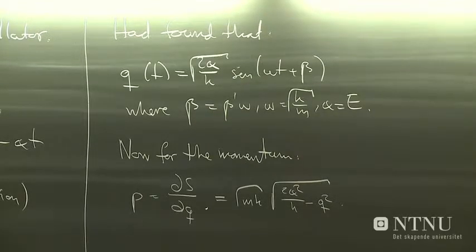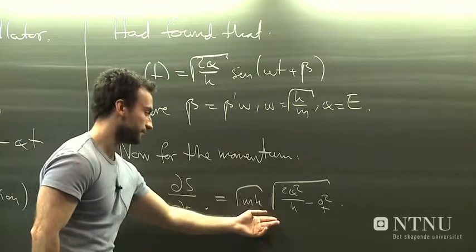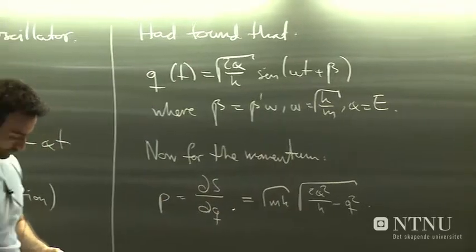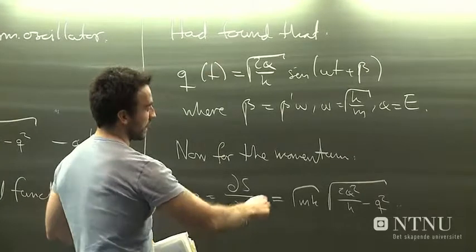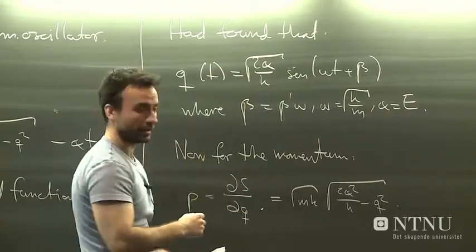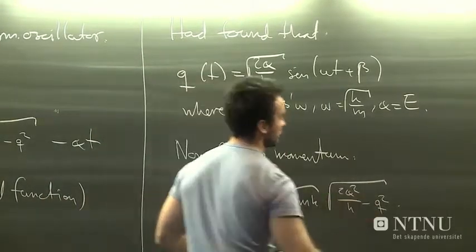The derivative with respect to Q, when we have an integral like this, is by the fundamental theorem of calculus simply given by the integrand. So we can now take our solution for Q and insert it into here.